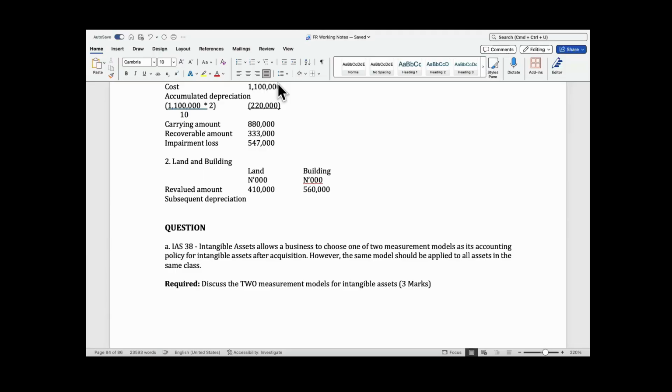So we cannot allocate the costs because there's no useful life. The same way for intangible assets that have an indefinite useful life, they are not amortized. And the reason is that we cannot allocate the costs. Depreciation is not reduction in value, it's not loss in value.